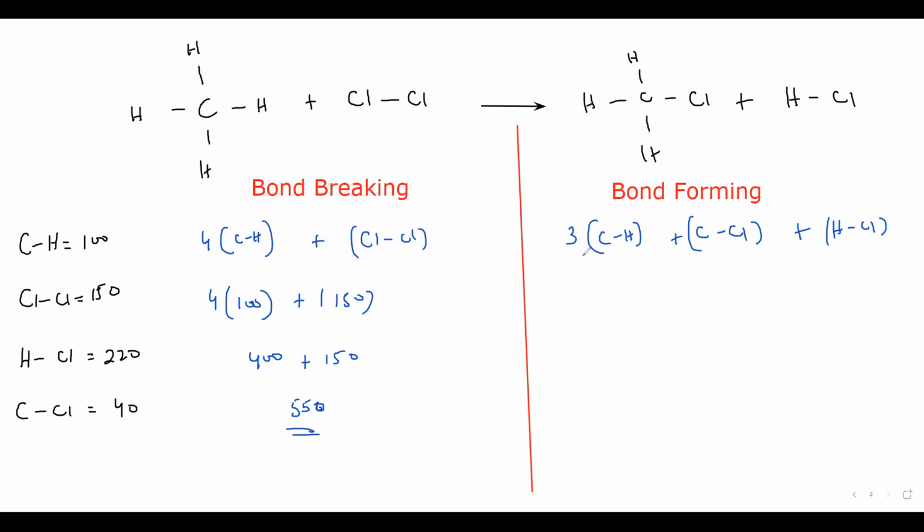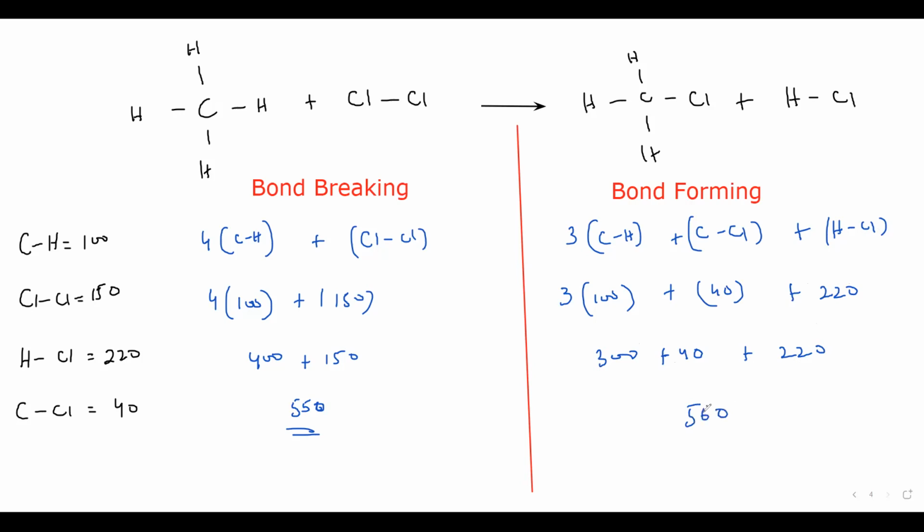What about bond forming? For C-H, there are 3, and 1 C-H is 100, so this will be 300. C-Cl is 40, and H-Cl is 220. So this will be 300 plus 40, 340, plus 220, so this will be 560.